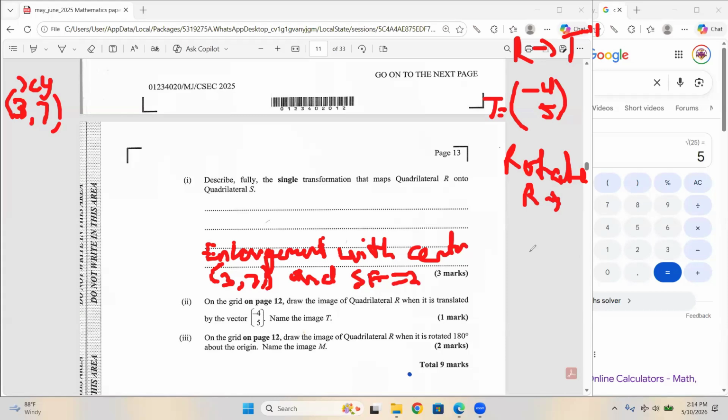Because you're drawing on the same graph, the image of quadrilateral R on page 12. If they're marking you on it, how will they realize which one is which?